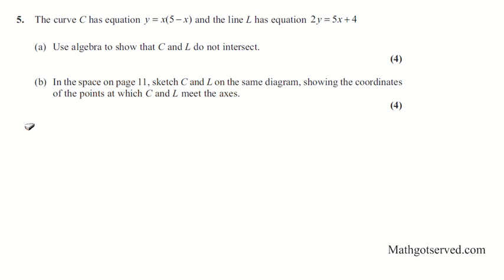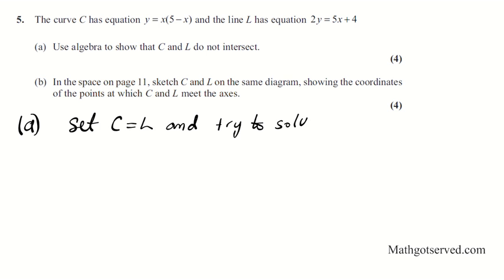So for the A part, we're going to set C equal to L and try to solve. If there are no real solutions, then there are no intersections. So how can we set them equal to each other?